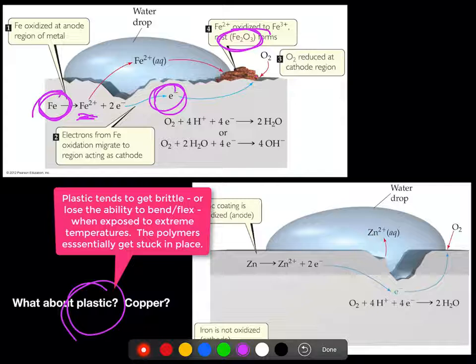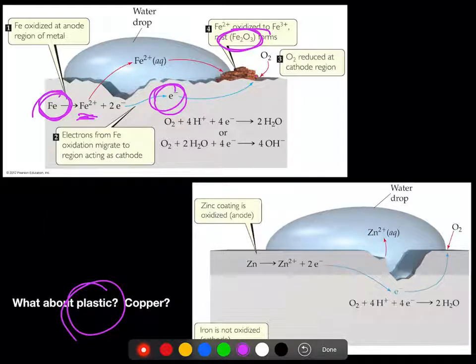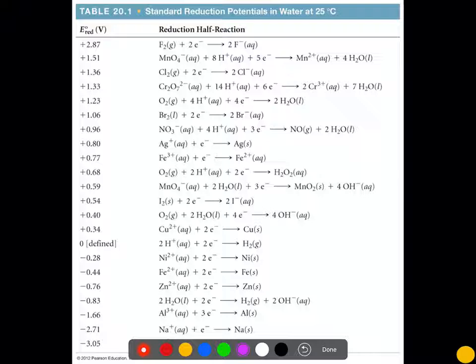So anyway, here, this is your zinc protection. If we put this layer of zinc on top, it says that zinc is more readily oxidized than iron. If we think about what that means, zinc, iron, where's the iron reaction? Iron. Zinc is more readily oxidized than iron.